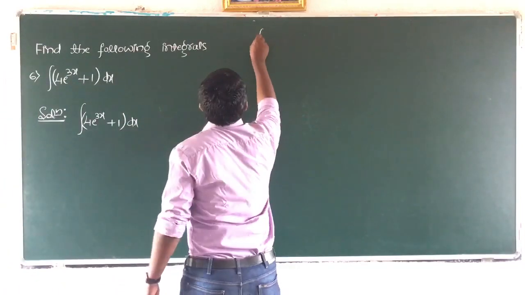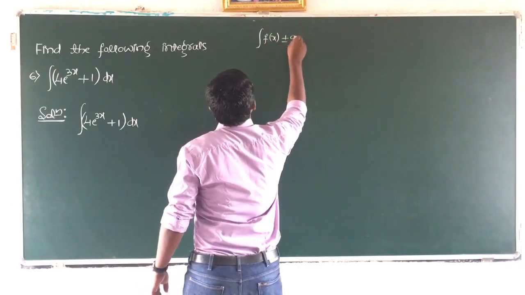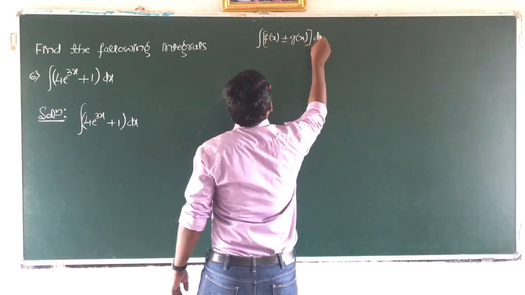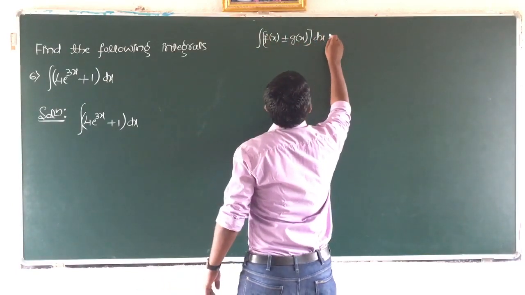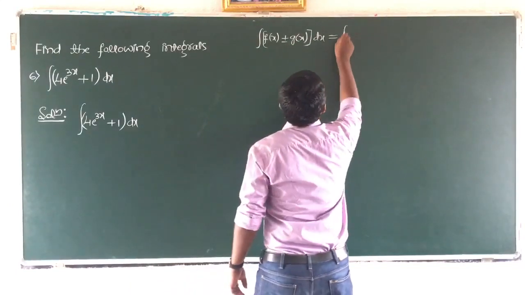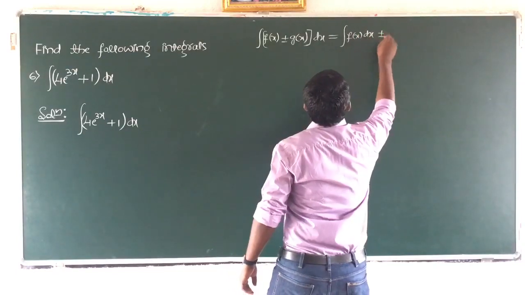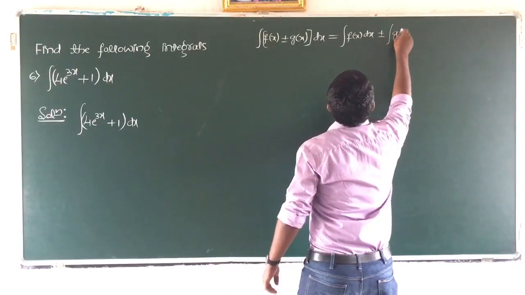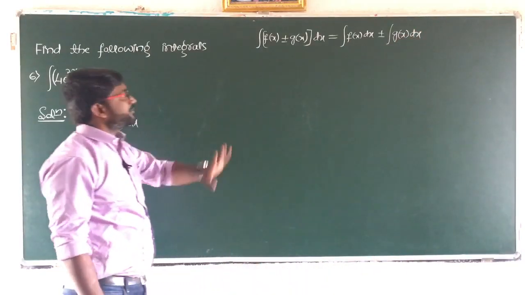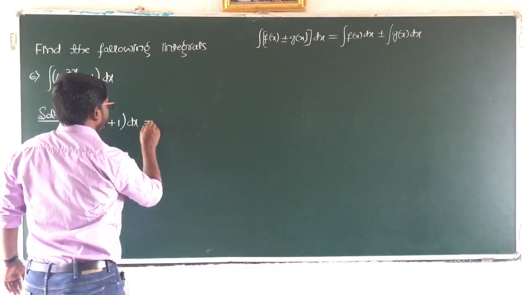The property was integral of f of x plus or minus g of x dx, which is equal to, we have to integrate them separately: integral f of x dx plus or minus integral g of x dx. Now we have to make use of this property of indefinite integrals.